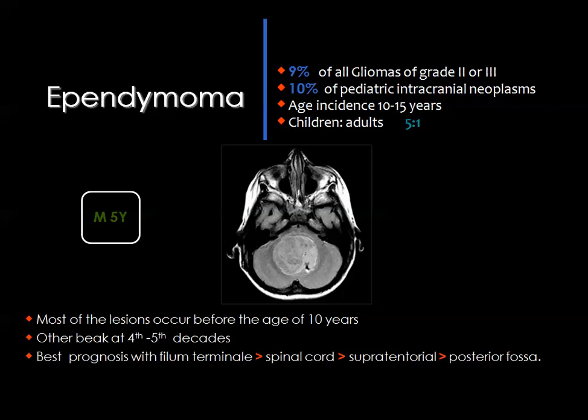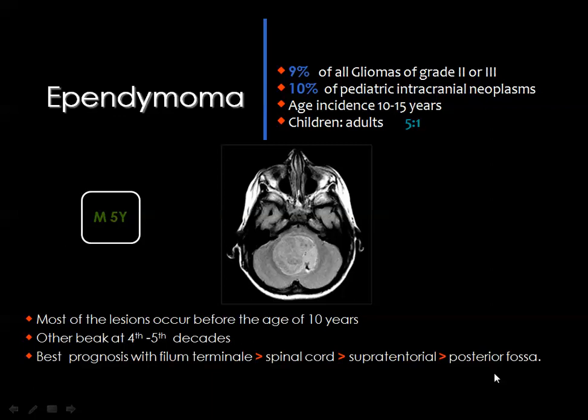And you know that ependymoma can occur along the central nervous system, starting from the filum terminale to the spinal cord, intramedullary, and the supratentorial, then the posterior fossa. Posterior fossa lesions have the worst prognosis of all these types of ependymomas.